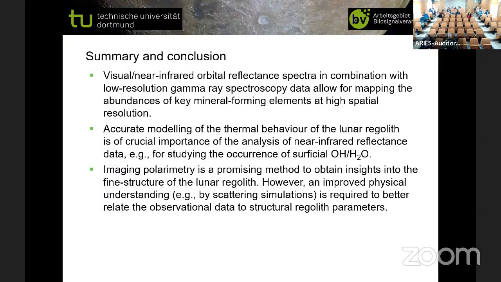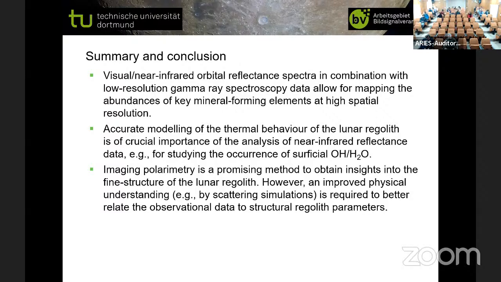And the last point was that imaging polarimetry is a promising method to obtain insights into the fine structure of the lunar regolith. One can use it to estimate grain size. One might also use it to estimate something like porosity, so how fluffy or how densely packed the surface is. And the physical understanding is still not good, surprisingly.